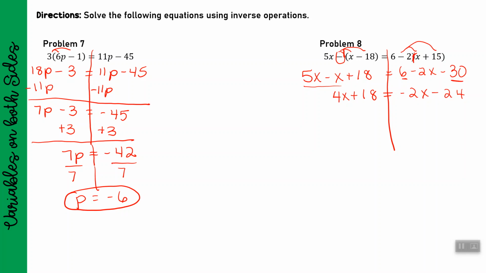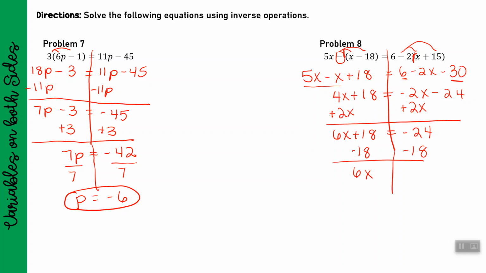Now I like doing my variables first. I'm going to go ahead and add that 2x to both sides. 4 and 2, so I get 6x plus 18 equals negative 24. Subtract 18 from both sides.